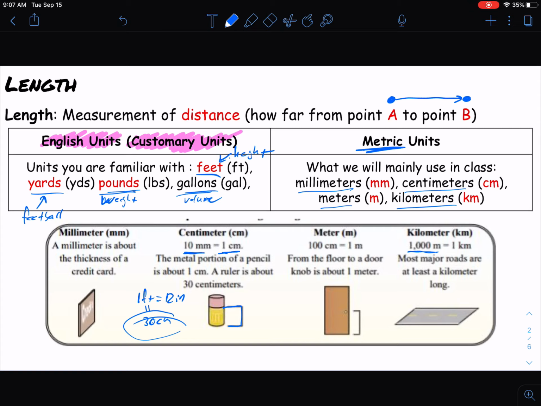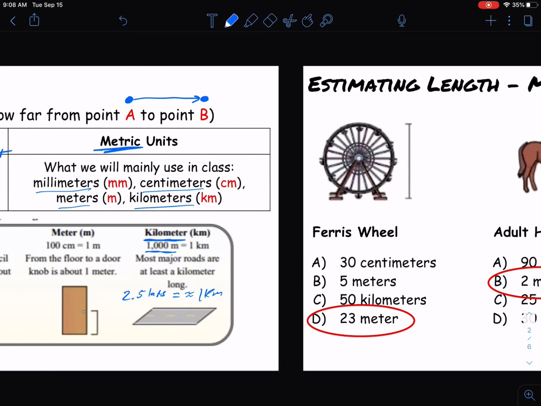So it's about 2.5 laps around a track, approximately 1 kilometer. So that gives you an idea. When we're talking kilometers, think about heights of mountains, real far distances. That would be like from Everett to Altoona. That's where we're talking kilometers.